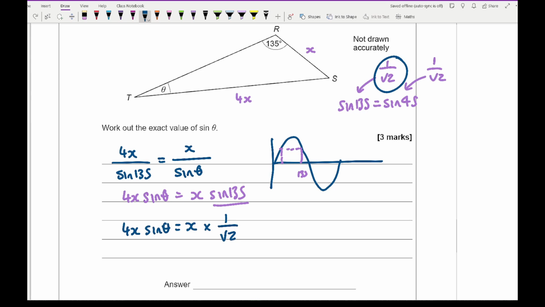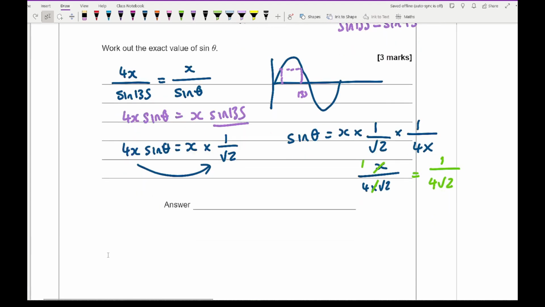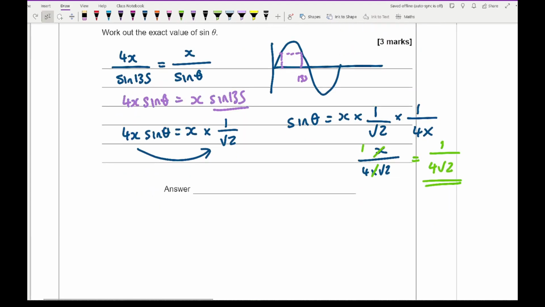Then if I take the 4x over to this side, I end up with sine theta equals x multiplied by 1 over root 2, multiplied by 1 over 4x, which combined gives me x over 4x root 2. The x cancels out, in which case all I'm left with is 1 over 4 root 2, which I can leave my answer like this, so sine theta equals 1 over 4 root 2.